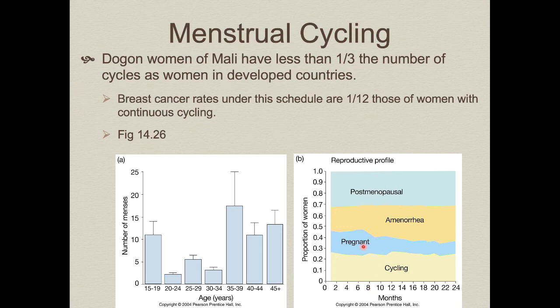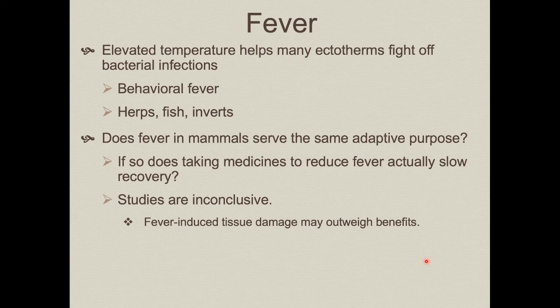The others are pregnant or nursing, or they're old enough that they're post-menopausal. But this greatly reduces the number of menstrual cycles they have in their lifetime. And if you look at their breast cancer rate, they're about 1/12 of those in modern societies that are showing continuous cycling. So now let's look at a physiological response you have to many infections.